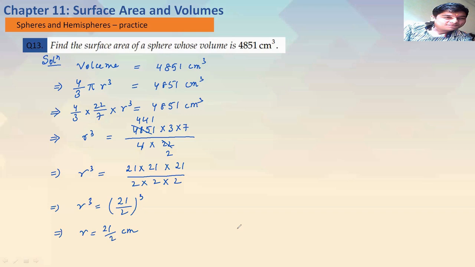Now we need to find the surface area. Come on, work out the surface area, please. 4 pi r square, right? Yep. We did 10.5 or 21 by 2. 22 by 7, and 21 by 2 would be really cool to use over here.